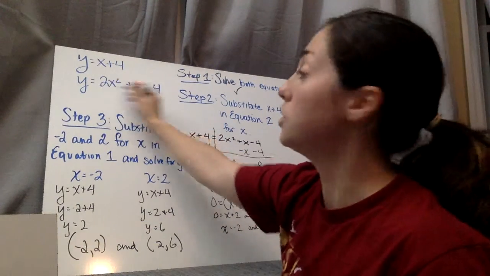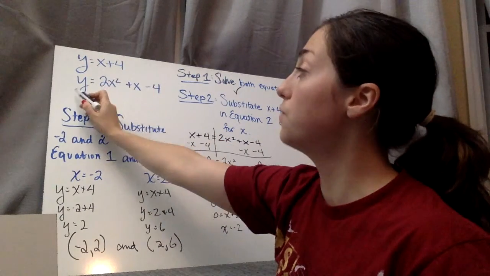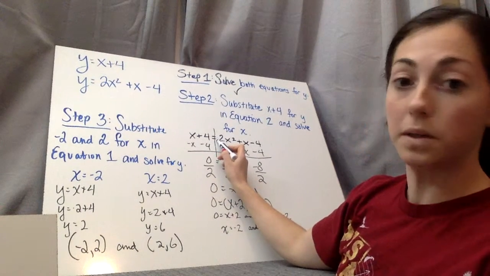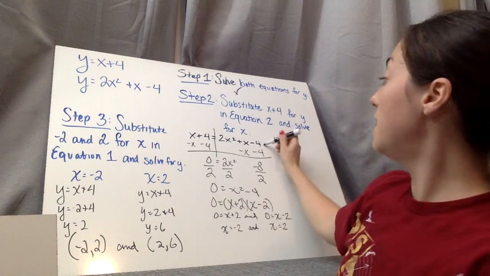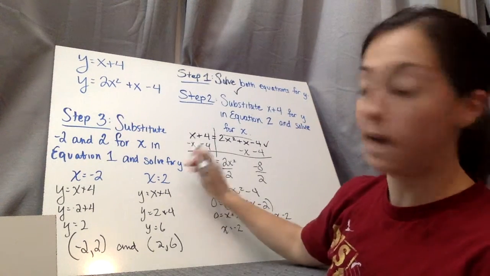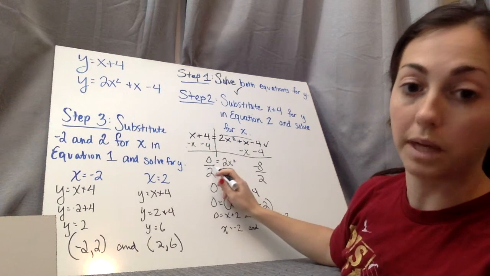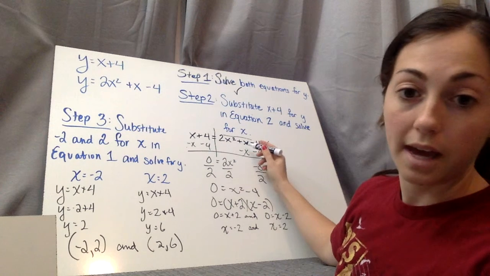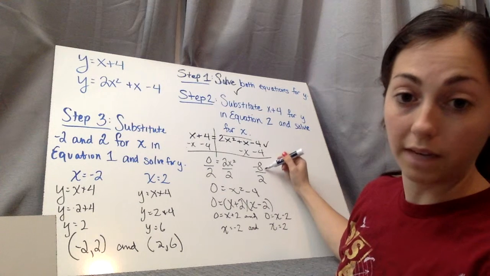So here's equation 2, here's my y. I'm substituting x plus 4 in for y. So I have x plus 4 equals 2x squared plus x minus 4. And now I'm solving for x. I subtract x from both sides, and I subtract 4 from both sides, so I have 0 equals 2x squared, nothing to change. x minus x is gone. Negative 4 minus 4 more is negative 8.